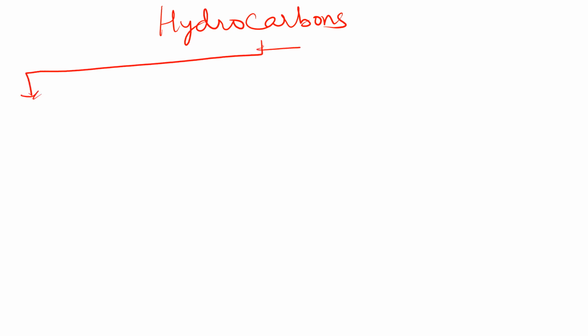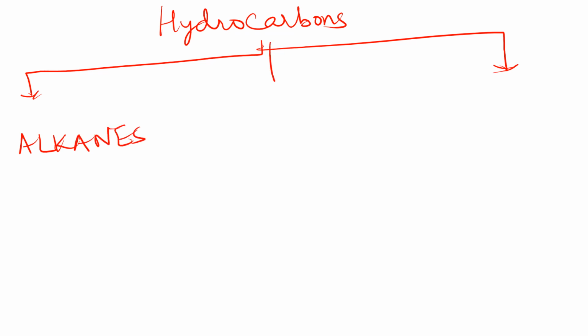There are 3 types of hydrocarbons: alkanes, alkenes, and alkynes.